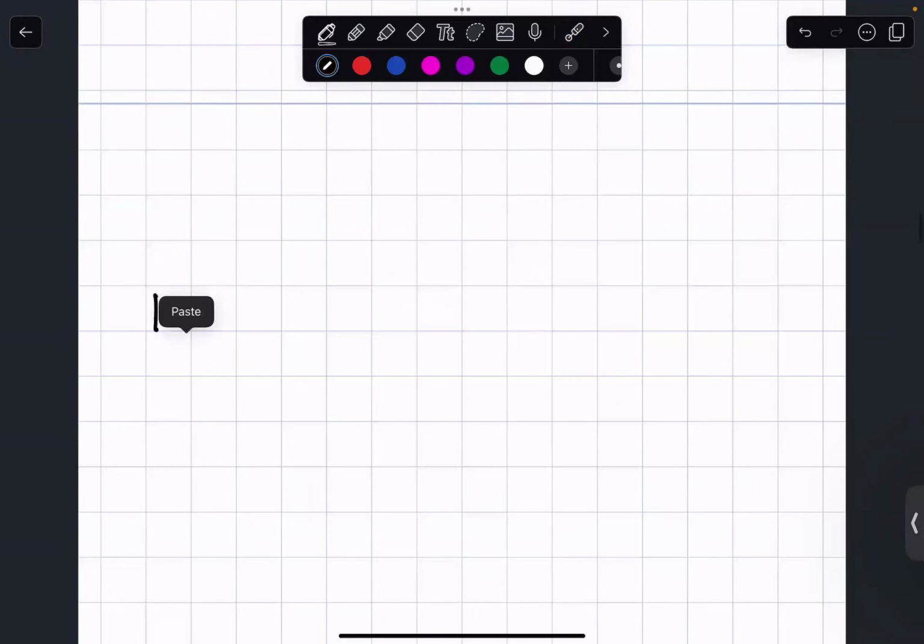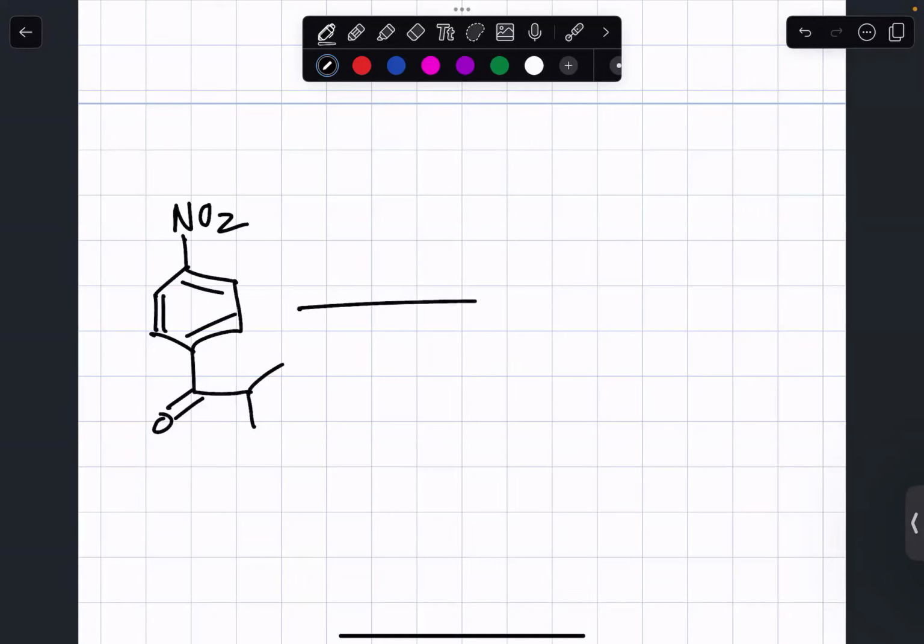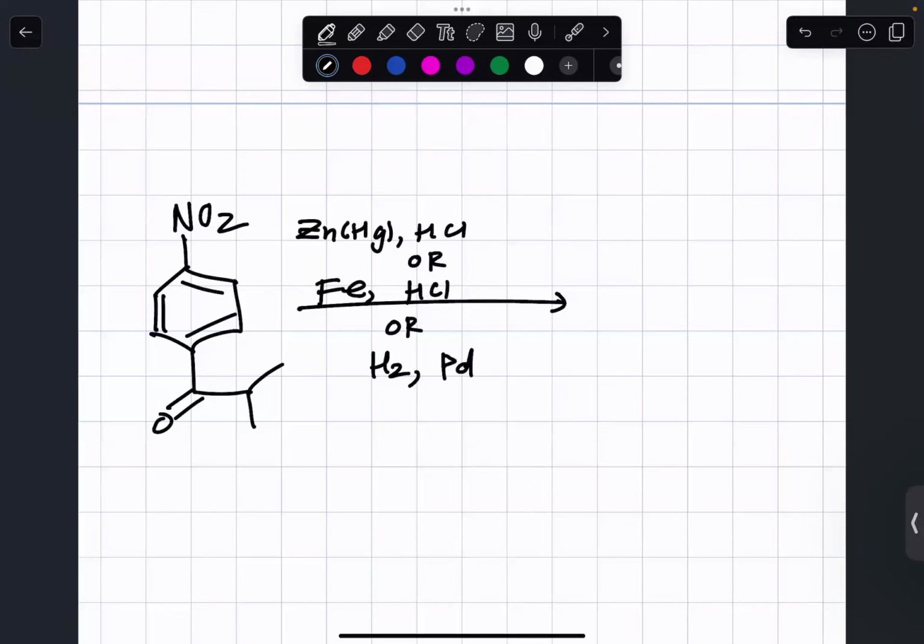Let's say we have a benzene ring like this, and we have an NO2 group, and let's say we have a carbonyl group like this, right? And then we reduce it with one of these three reagents. You're going to see any of these three reagents here: zinc, mercury, HCl, or iron, HCl, or hydrogen and palladium, H2/Pd.